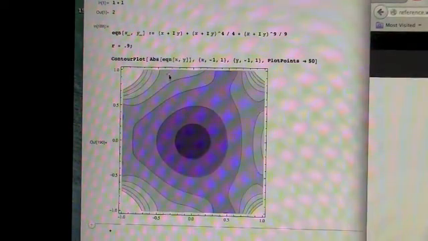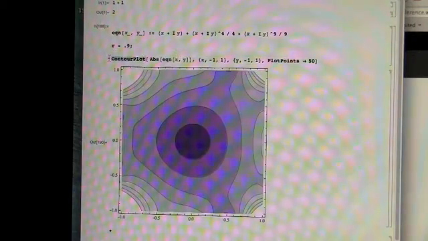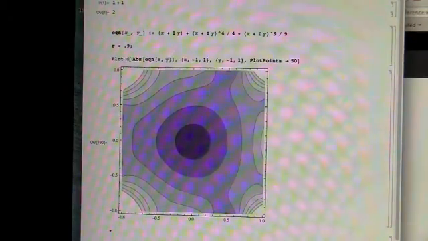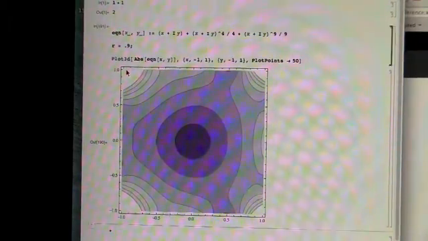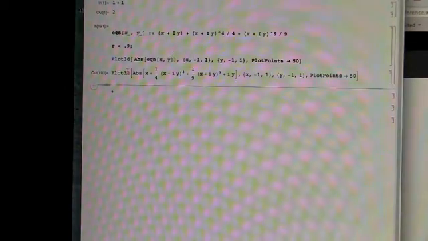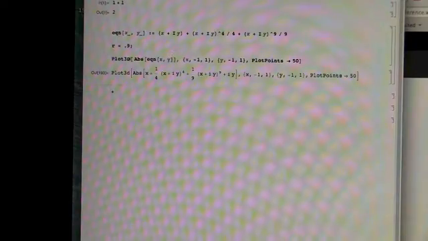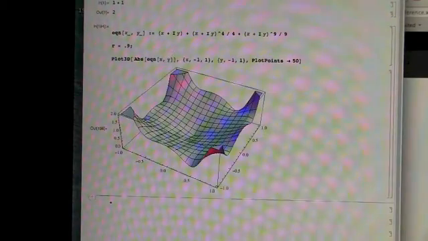There might be something as simple as Plot3D here. Let's see if it works. No. It might be capital D. Yeah, there it is. Whoa. That's cool.